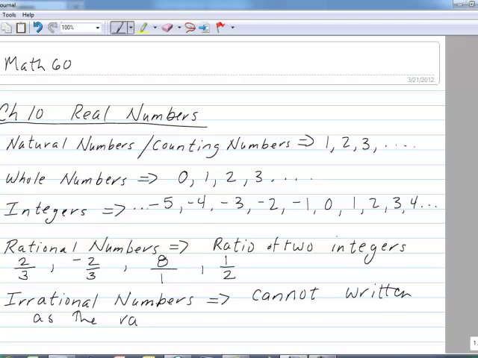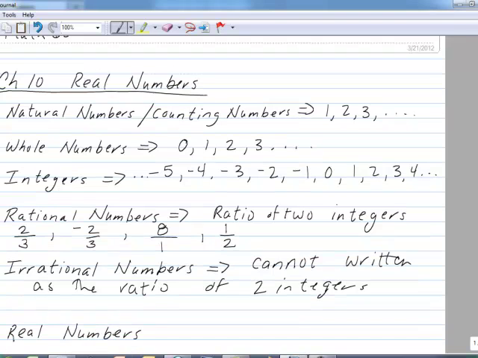This is any non-repeating, non-terminating decimal. Some examples of that are the square root of 2. Any square root of a number that's not a perfect square is an irrational number.